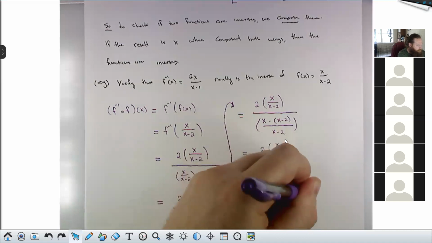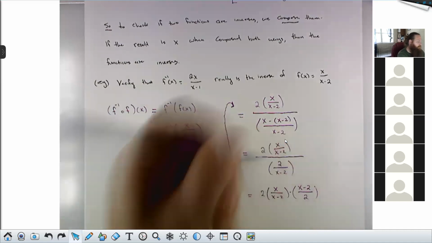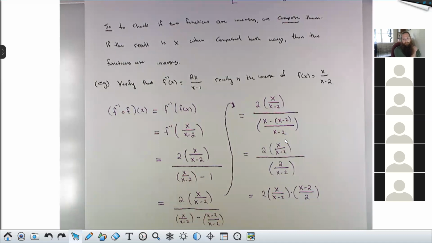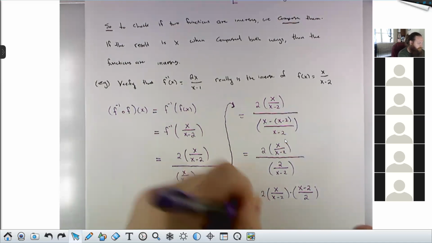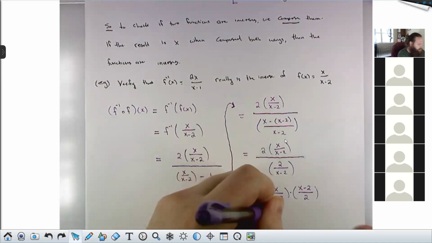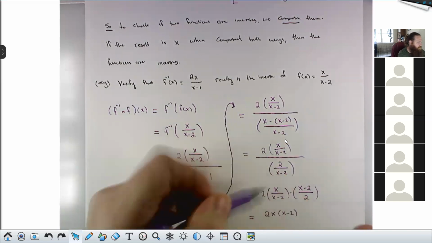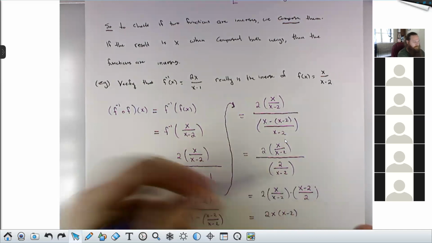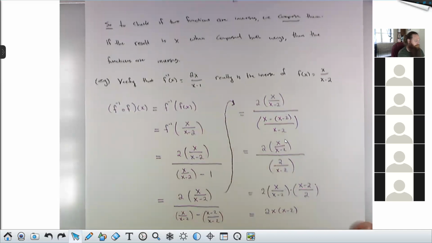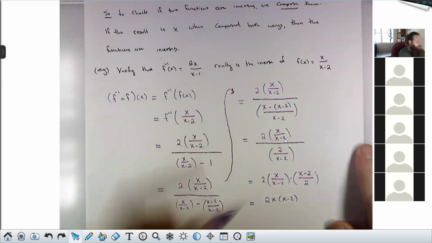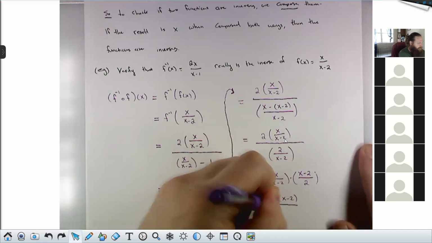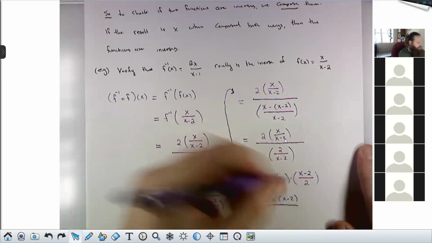It's x minus 2 over 2. Now, if I write this as a single fraction, I've got 2 times x minus 2 upstairs. That's this 2, this x, and this x minus 2. Downstairs, I've got this x minus 2 and this 2.